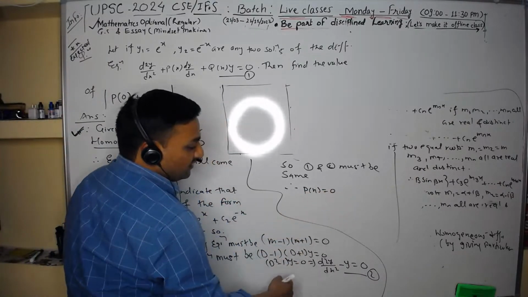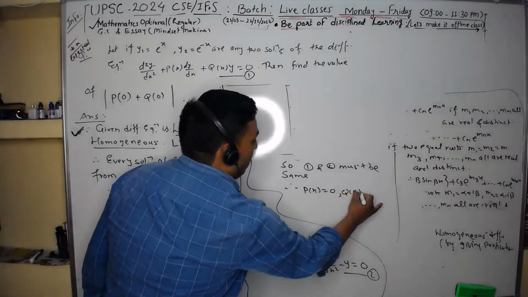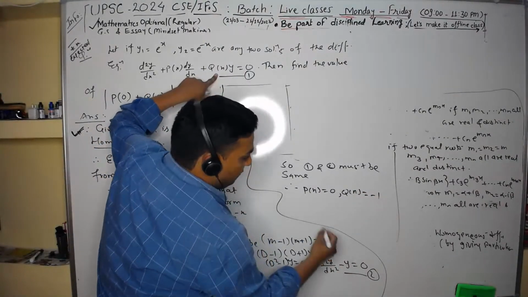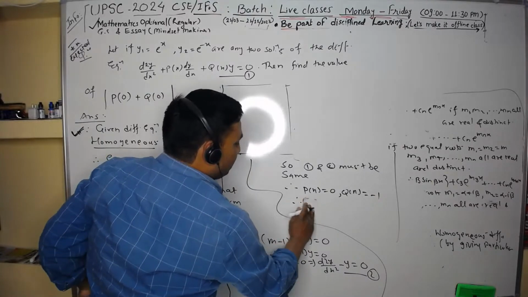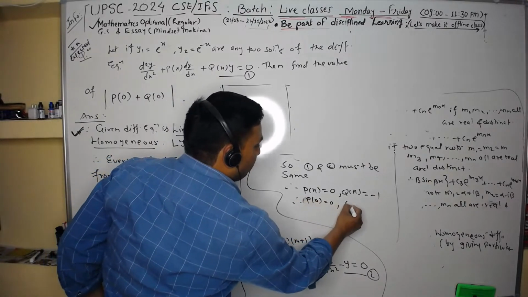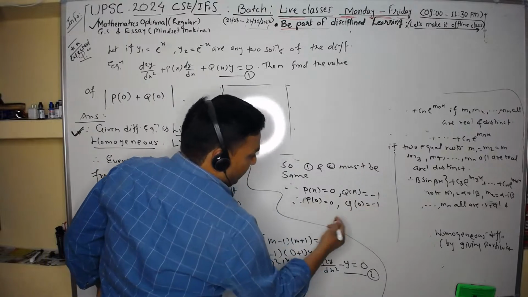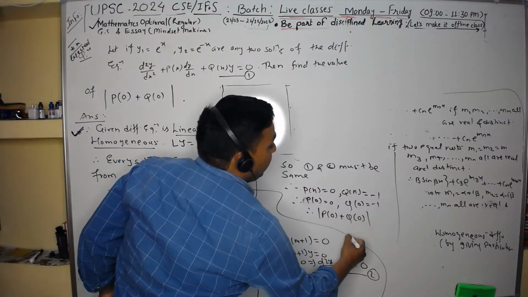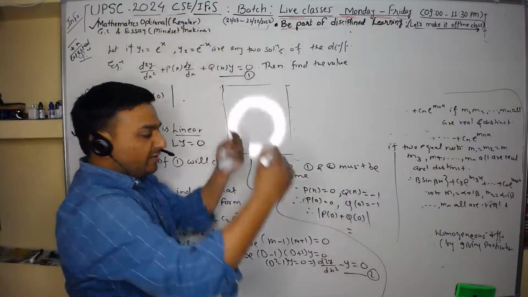So px is 0. qx किसका कोएफिशिएंट है? y का. So qx is minus 1. So px is 0, तो p at 0 is 0. q at 0 is minus 1 constant. किसका वैल्यू पूछा था? बोला इसका ही क्यों पूछे? पूछो ना इसका पावर 2000.